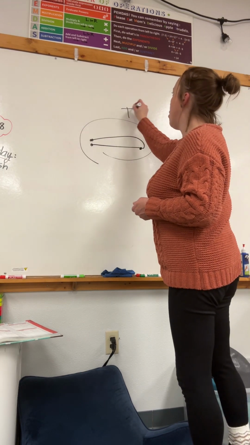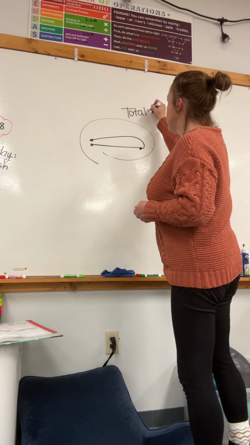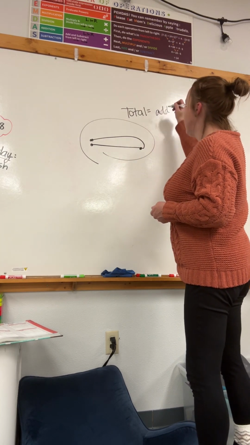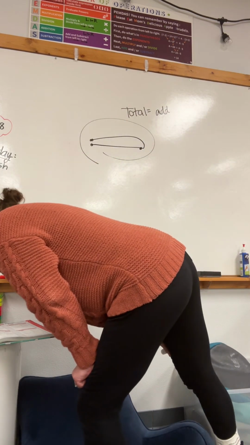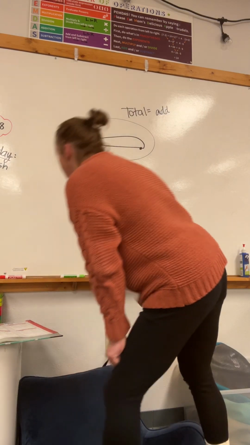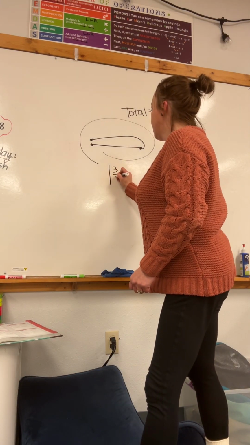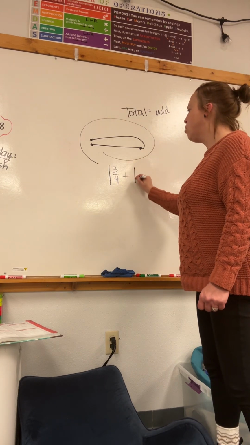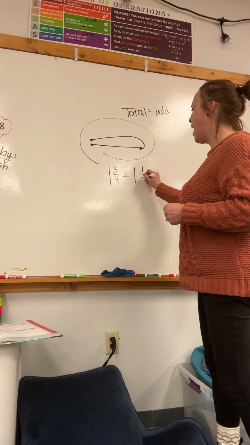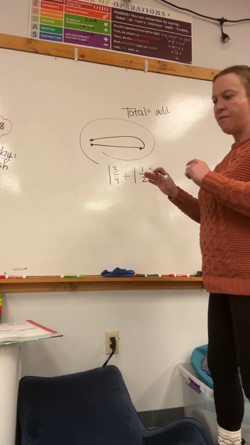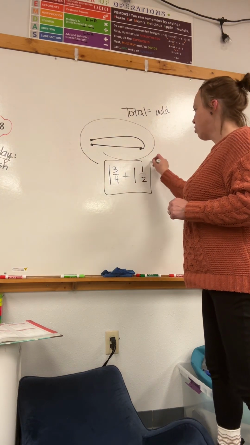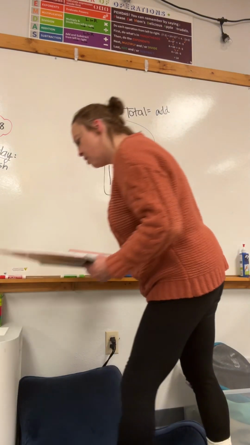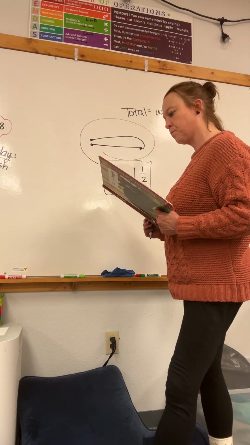Well, total always tells me that we're going to add. And so when we add, we're going to add 1 3/4 that he spent at the doctor's office, and then a total of 1.5 that he was on the road driving. So the correct answer is letter D.